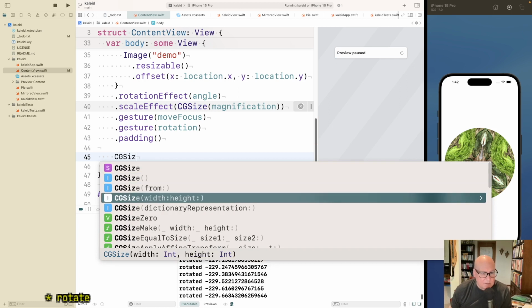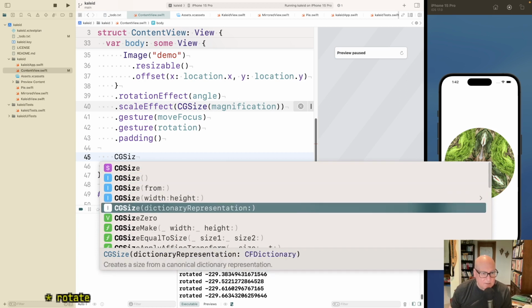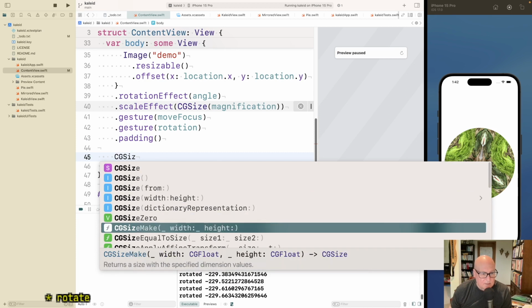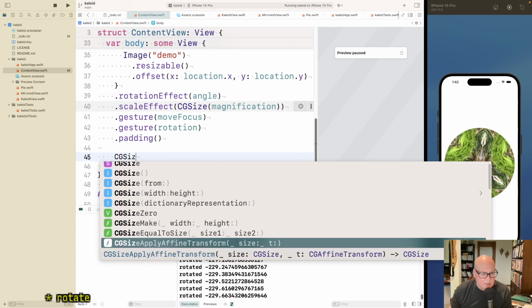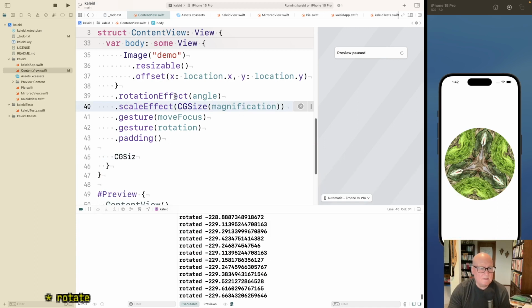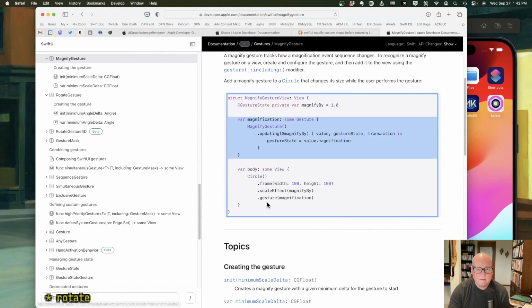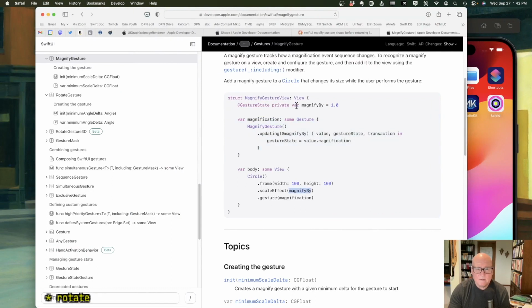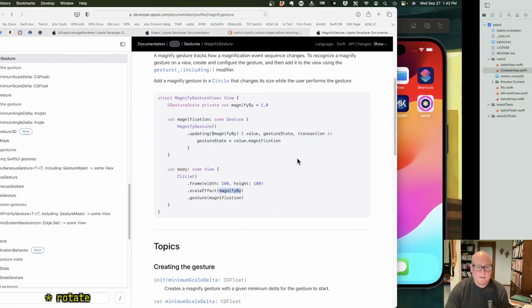From width height. Well, that's not very helpful. Oh, it takes that. Okay, scale effect.